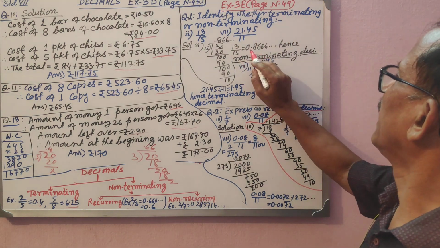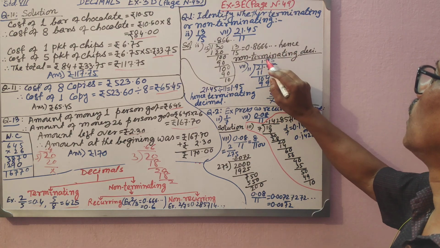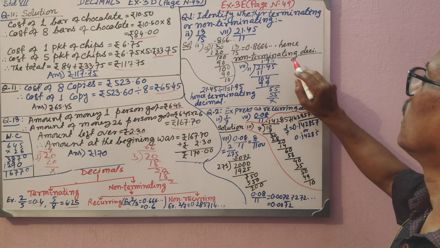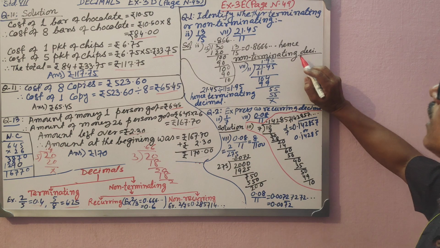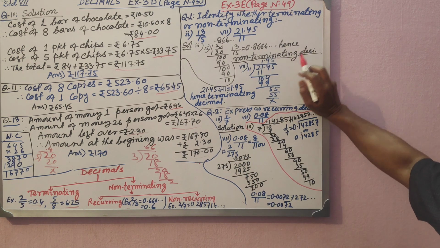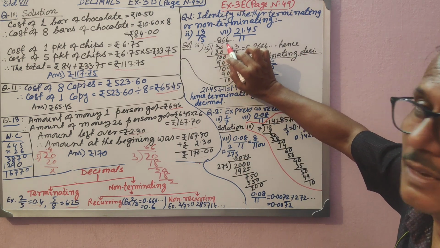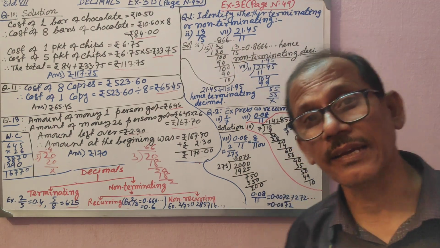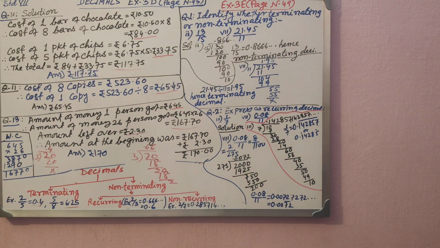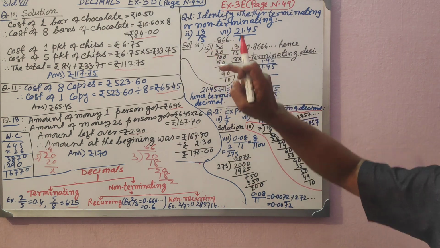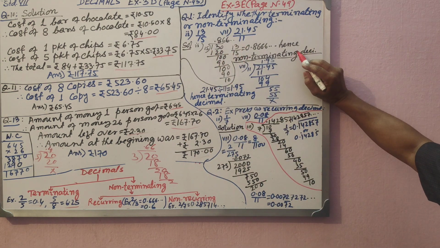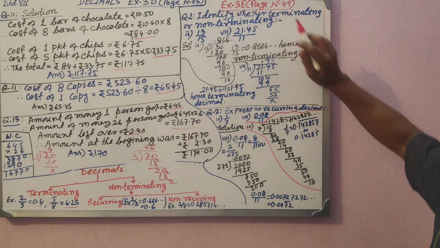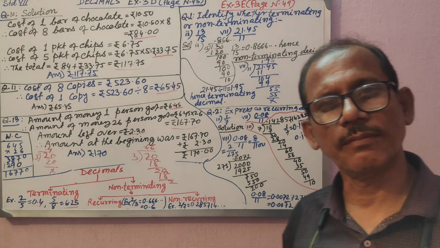Hence it is called non-terminating, but which category, I will tell you? Non-terminating recurring decimal. Could you understand? Non-terminating repeating decimal. This is of course a non-terminating decimal. The question is set to you, you have to certify whether it is non-terminating or terminating.